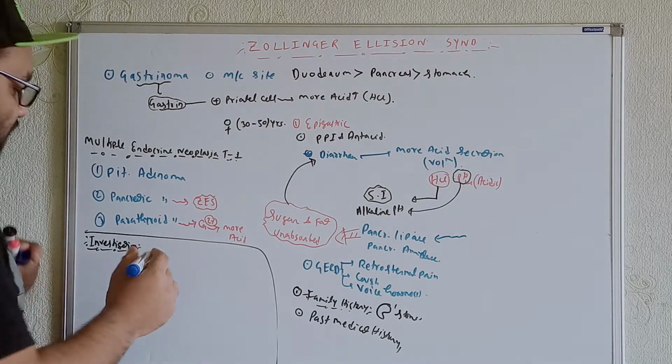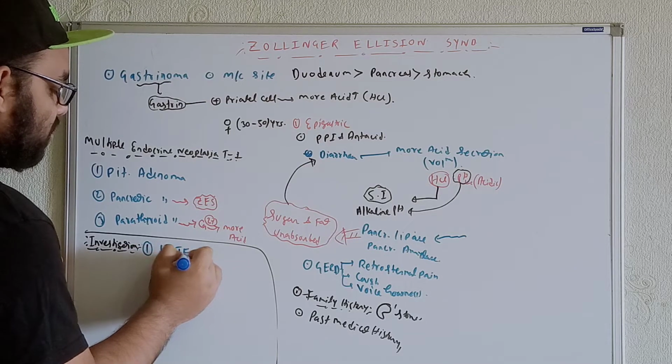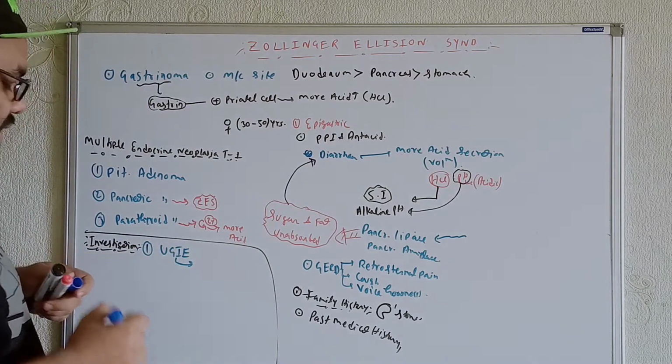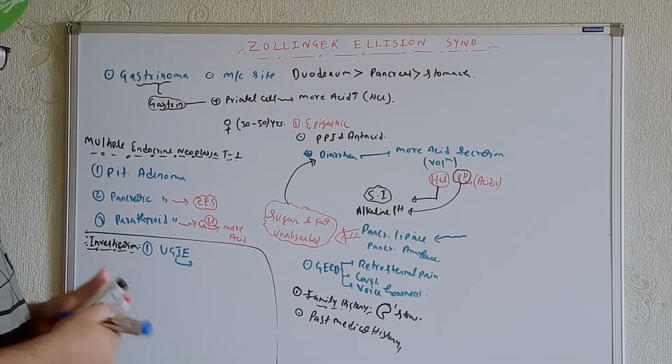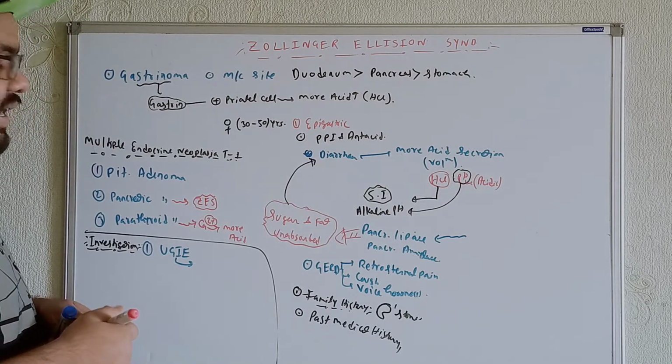For that we need to do upper GI endoscopy. We have to use what? Upper GI endoscopy. In upper GI endoscopy, we can find whether there are multiple duodenal ulcers or an atypical ulcer.